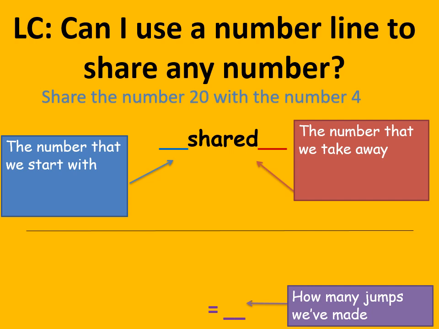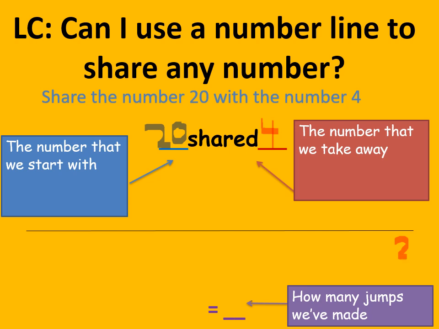Okay, we can use a number line to share any numbers. So let's share the number 20 with the number 4. Okay, so our starting number is going to be 20. And the takeaway number is going to be 4.